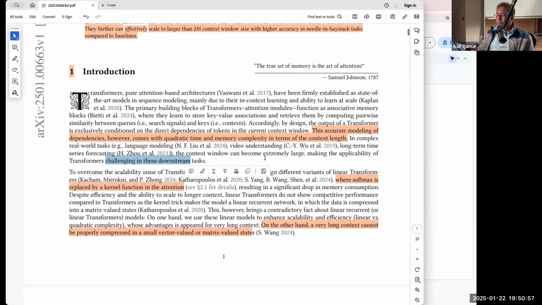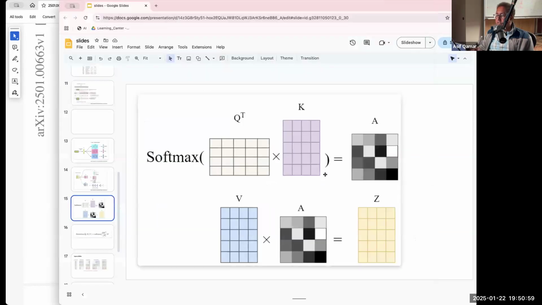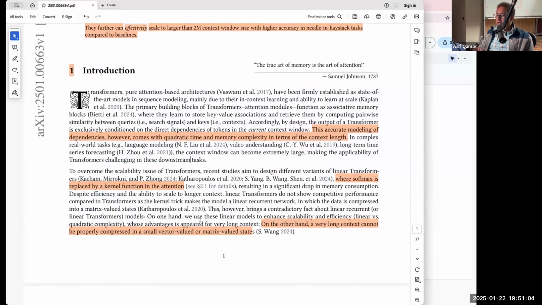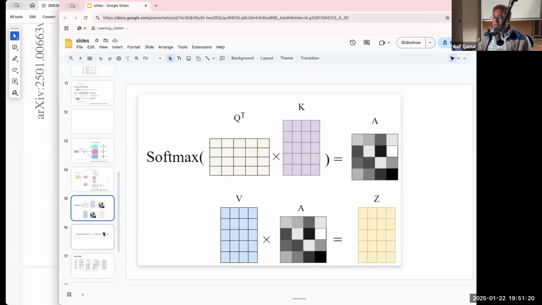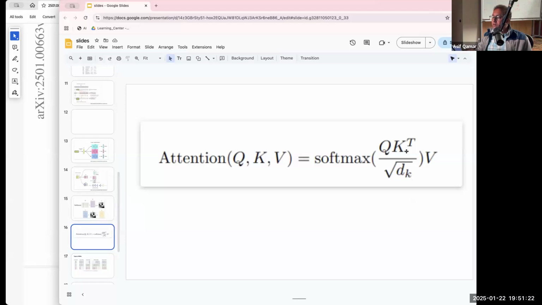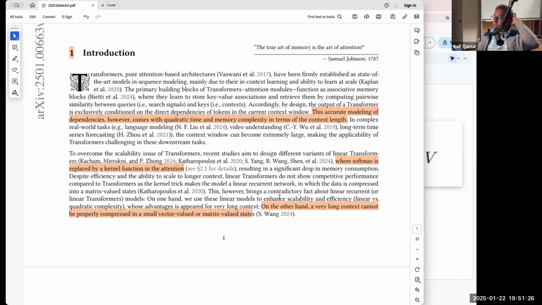We know why, because the matrix computation and space is going to go higher and higher as the input context window is higher. To overcome these issues, there are various different types of transformers that everybody tries to approach. One is they try to simplify the mathematics by doing what they call kernel functions.